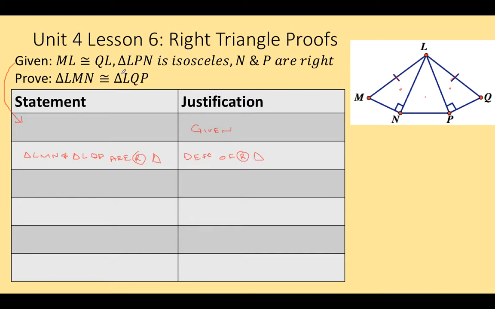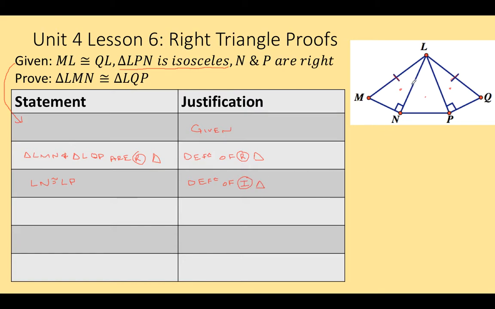Well, let's take a look at this other piece of information. It says that this middle triangle is isosceles. Well, that means that LN has got to be congruent to LP. That's just by the definition of isosceles triangle.